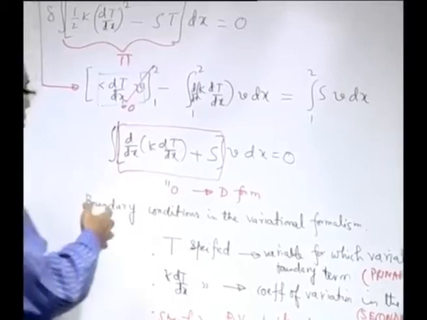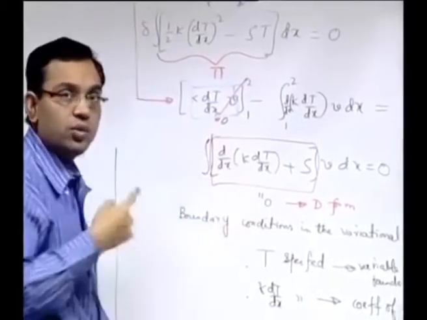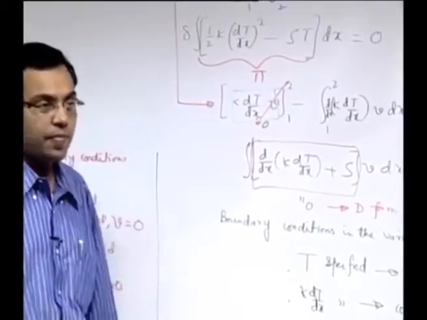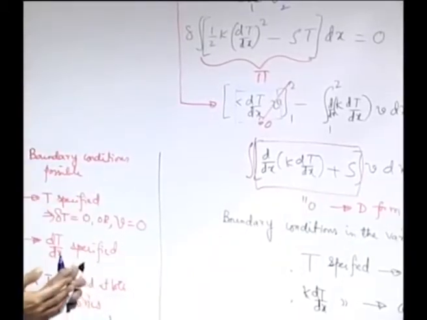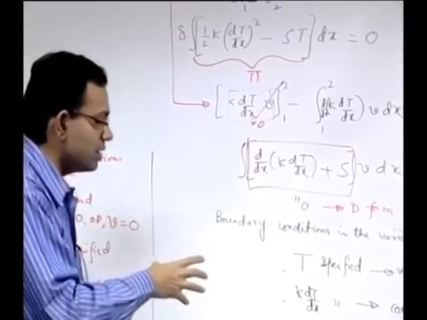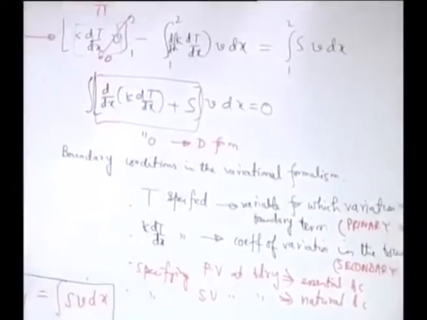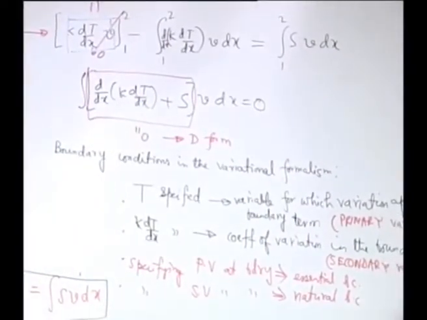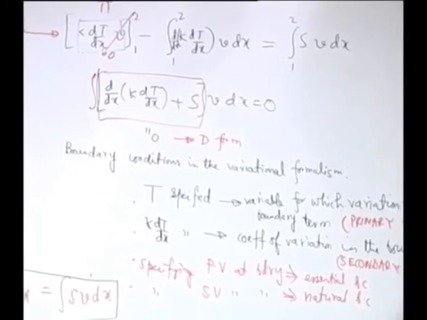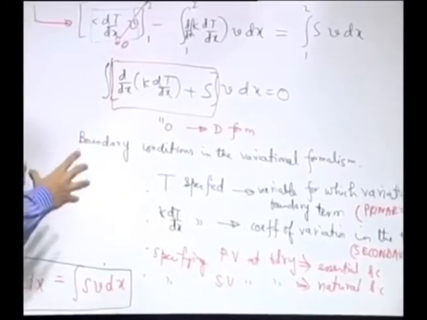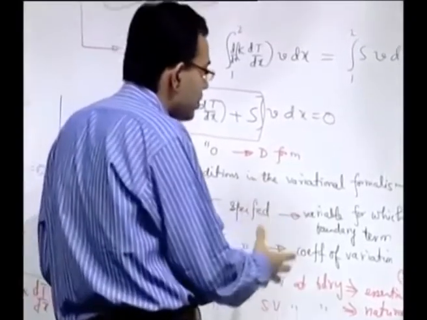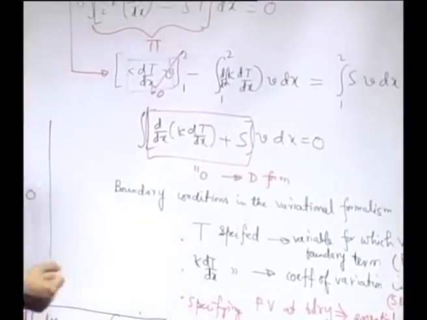The term k dt dx automatically appears in the boundary expression, so that you can substitute it there. So, that is called a natural boundary condition. So, we have got an understanding of the different types of variables and the corresponding boundary conditions in a variational formalism.